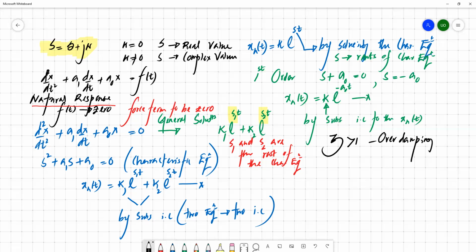We can get the natural response like this: k1 e to the power s1t plus k2 e to the power s2t. So this is the response for this first case.